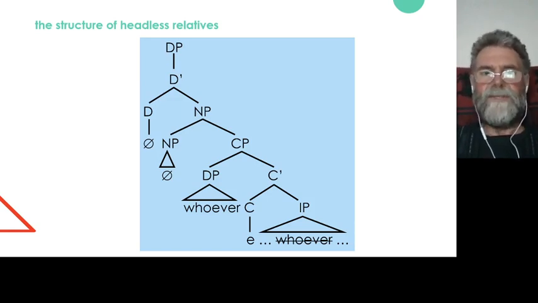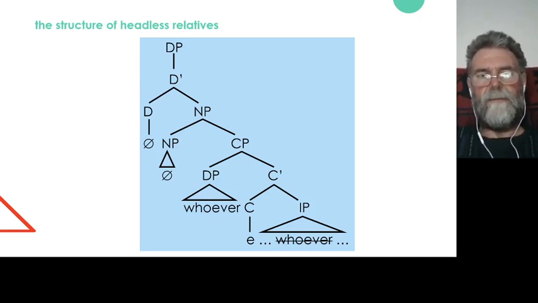Now that would be a possible solution to this problem, because under these assumptions this kind of relative clause is in fact a DP, not just a CP. It's a CP within a DP. However, it doesn't address one of the central aspects of this kind of clause, and that is this ever part.